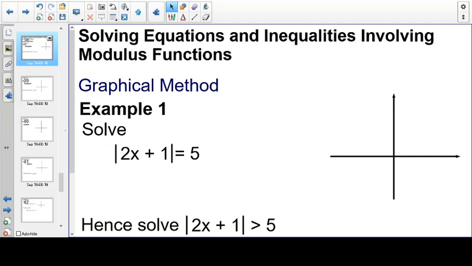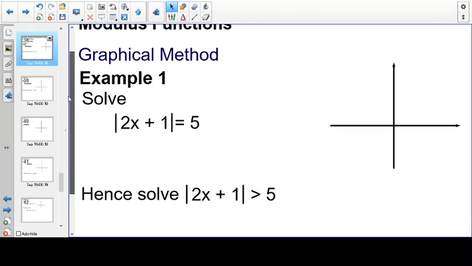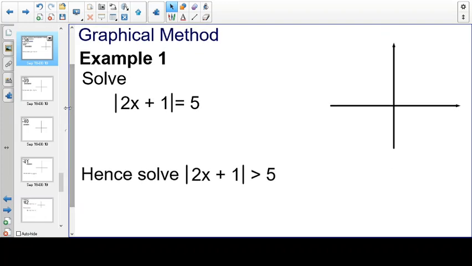To do that, I'm going to recommend that you always sketch a little graph to show the equation, because sometimes if you try to just solve it algebraically, you may find solutions that actually don't exist, because the modulus part is altering what the actual graph looks like. And you'll see that in some different examples.